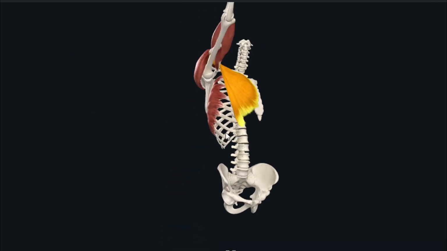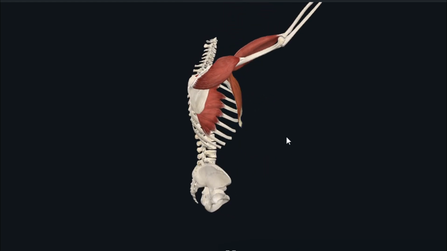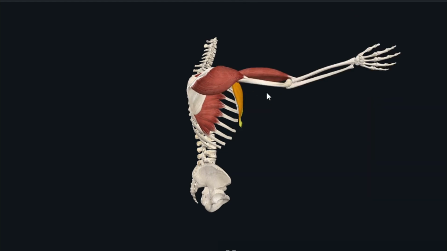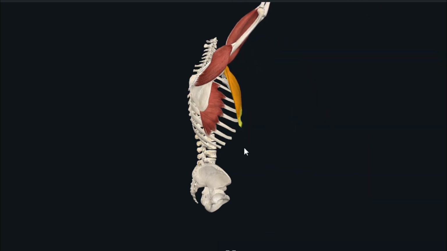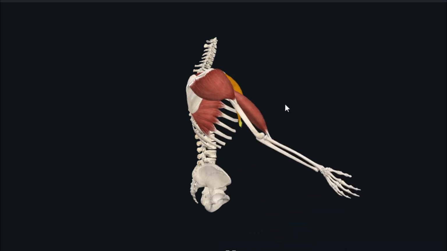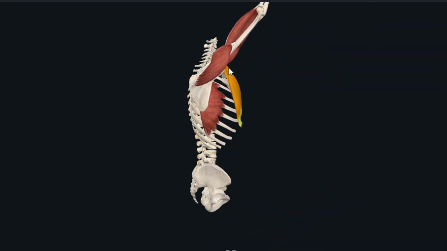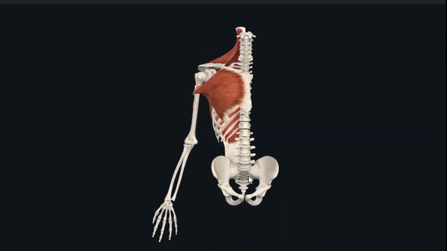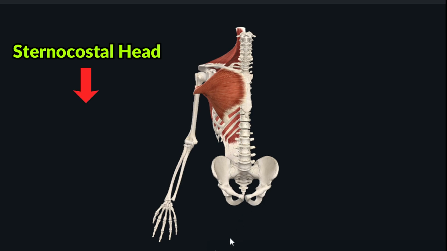If I show you from the side, you can see that the clavicular head draws the upper limb towards the thorax in the sagittal plane, while the action performed by the sternocostal head is shoulder depression.